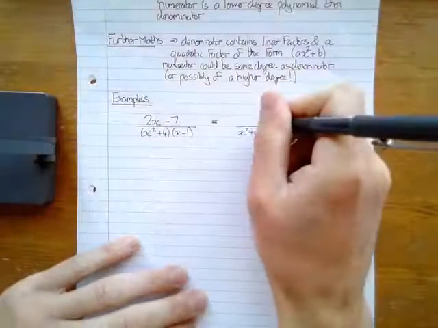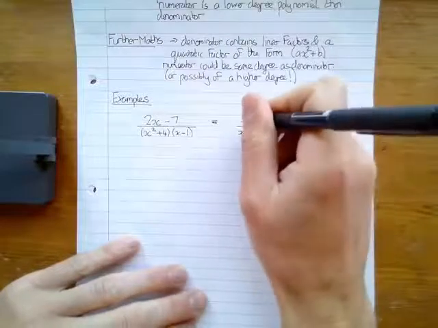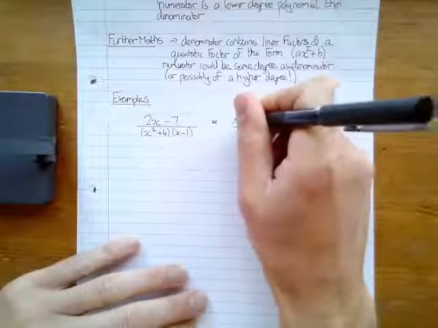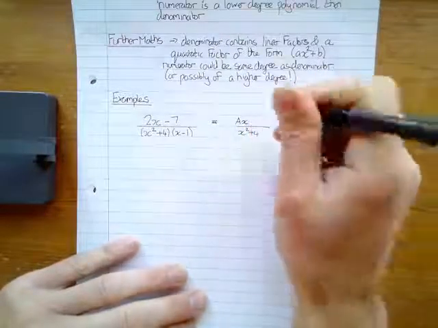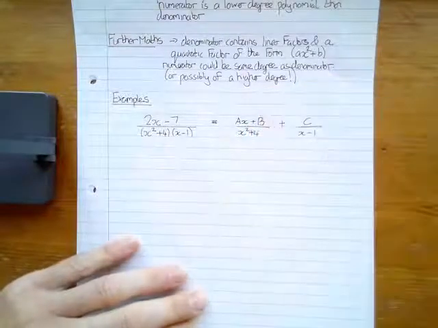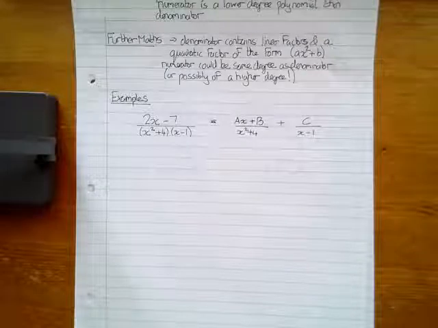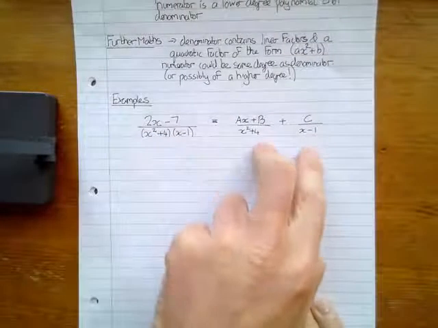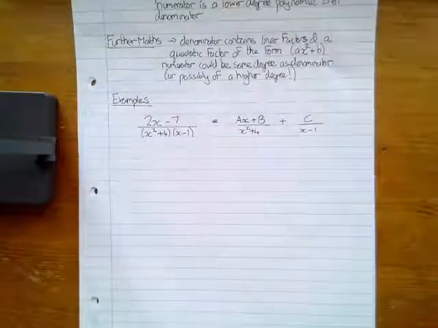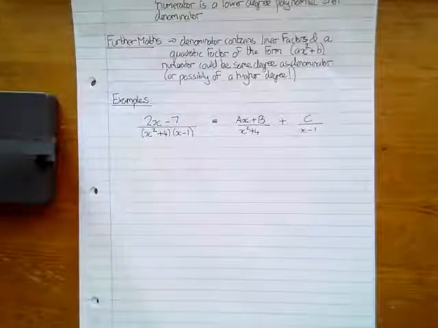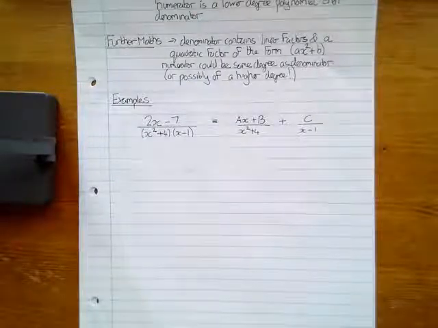And this one's going to be different. This is new. This is going to be a linear factor on the top. So it's not just a, it's ax plus b. Hence I use c there to leave room for my a and my b. Okay, so that's what you get. So that can be written in that form where a, b and c are constants, and we just need to find what those constants are to finish the question off.